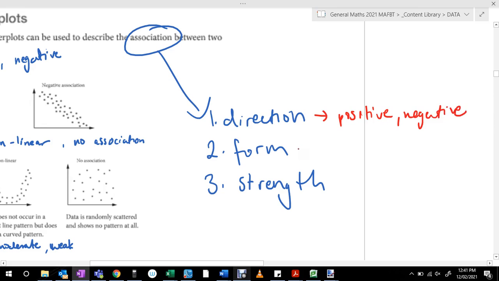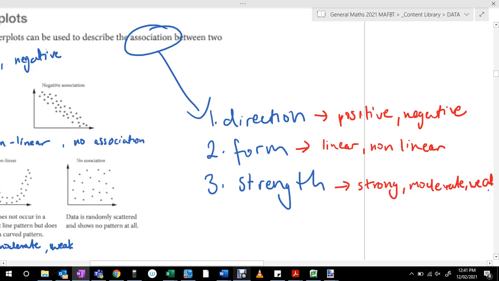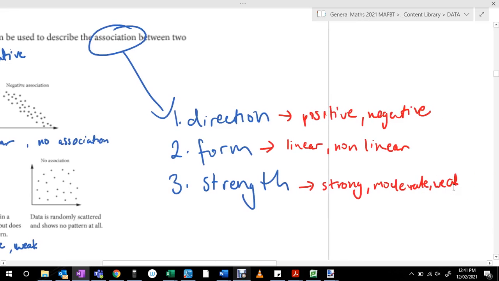For form, you've got linear and non-linear, but I'll talk about the no association later on. And for strength, you've got three options: strong, moderate, or weak. You have to make sure that when it comes to association, you mention at least one of each of these.